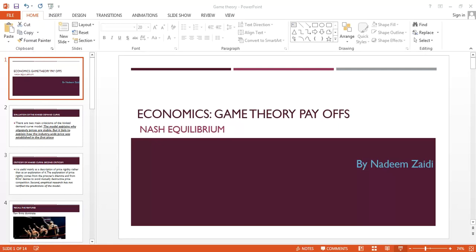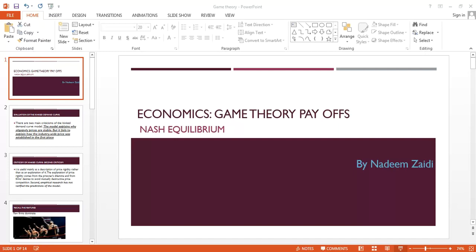The second is, even if such a situation is created, then what is the guarantee that the other firm is not going to undercut? What is the guarantee that the other firm is not going to cheat the other firm? So these are the two important evaluations of the game theory matrix payoff. There is always a temptation to collude, yes, and there is always a temptation to cheat.